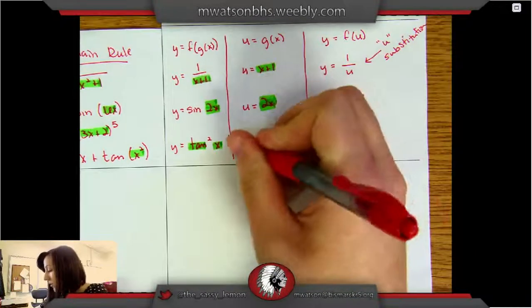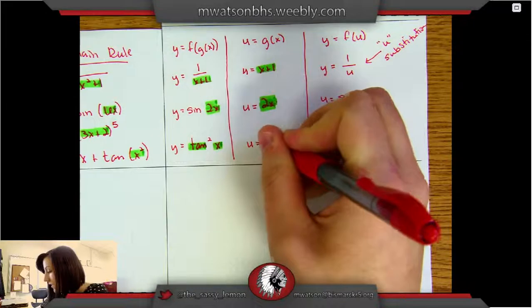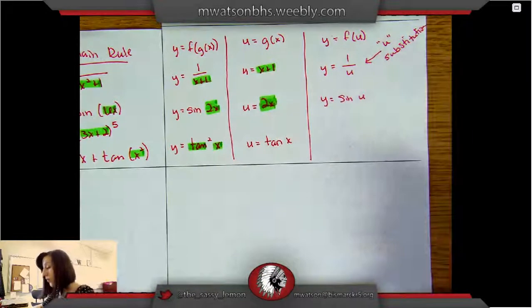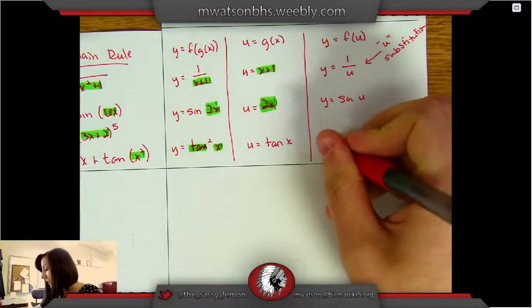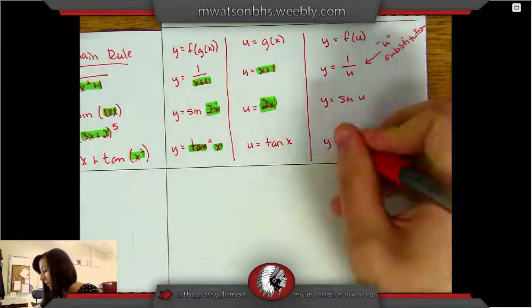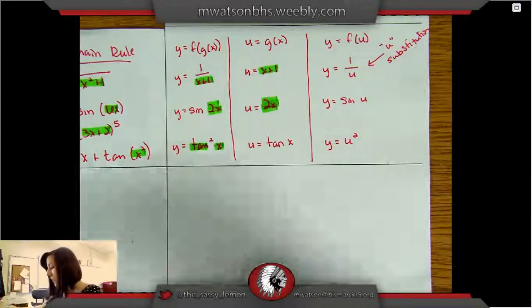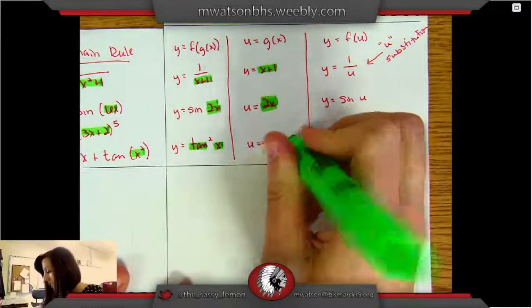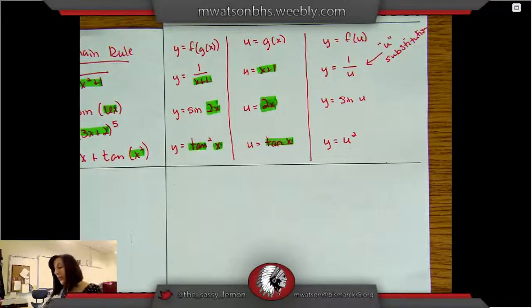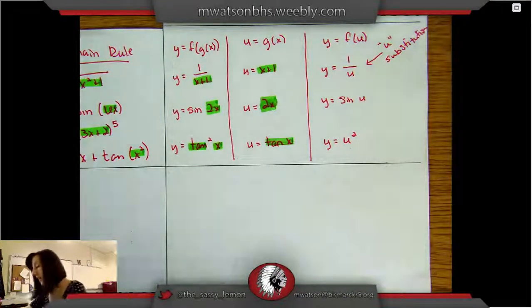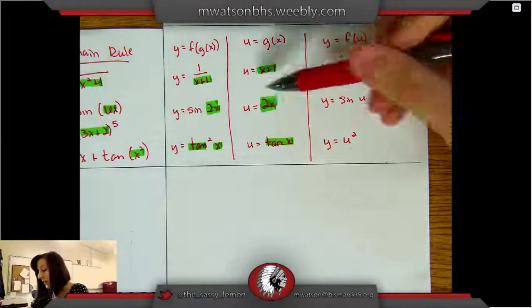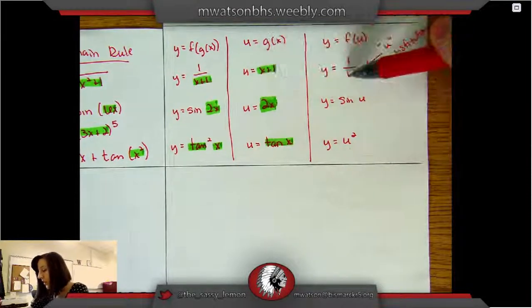So our u is tangent x because it's what's being squared. And our original function was y equals u squared. So we're decomposing it, and we could compose it once again if we wanted to, we would just substitute x plus 1 back in for our u.